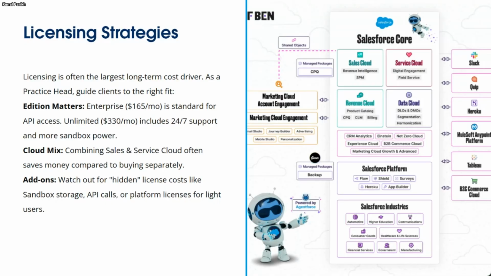Then you have your Marketing Cloud, which is based on the number of contacts that you import into the system and the modules that you use in Marketing Cloud. Then you have Quip and Slack, again based on licenses, and Heroku and MuleSoft, based on the number of integrations or the number of systems that you're going to integrate. Tableau is based on the number of analytics and reports that you're going to generate.